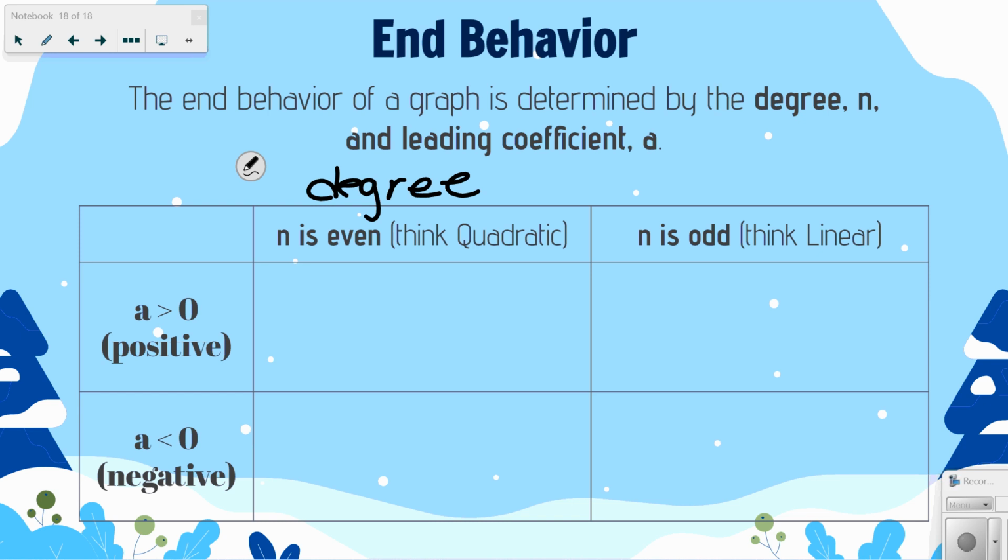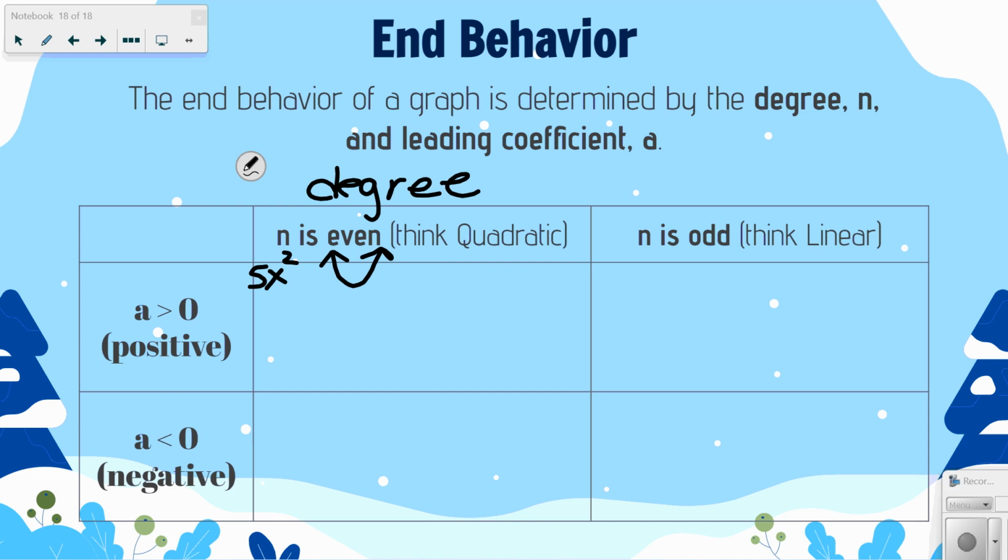If my a is positive, meaning if I was graphing something like 5x squared, my degree is even, my a is the coefficient in front, and that's positive. What would the ends of my graphs, or what would the shape of my graph look like? Would I look like a U or upside down U? A U, right? This is my quadratic.